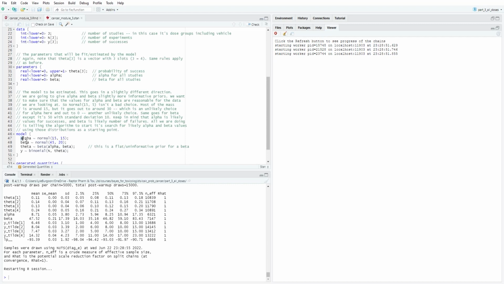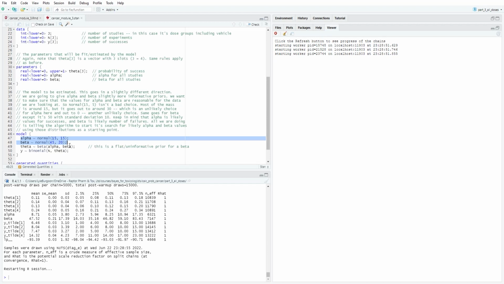Alpha and beta, like I said, are global for the model. So what this ends up doing is moving the different dose groups a little bit closer to the global mean of the system.